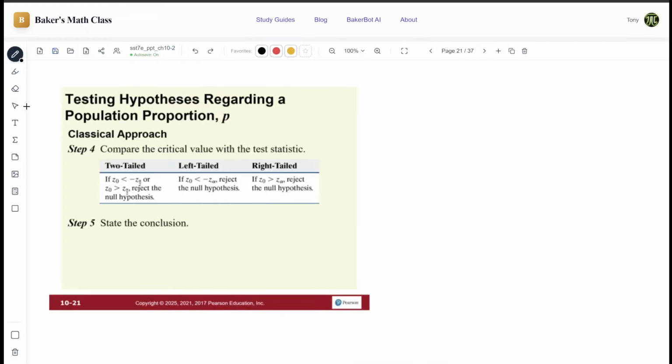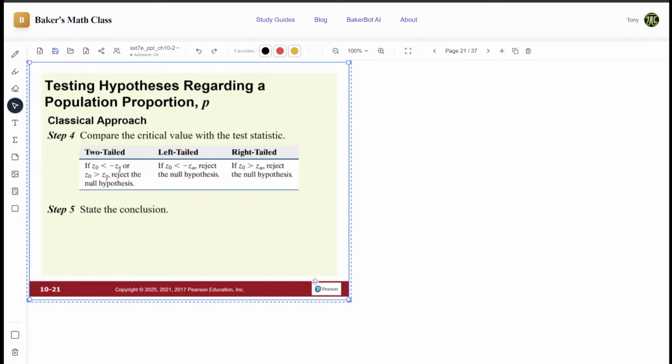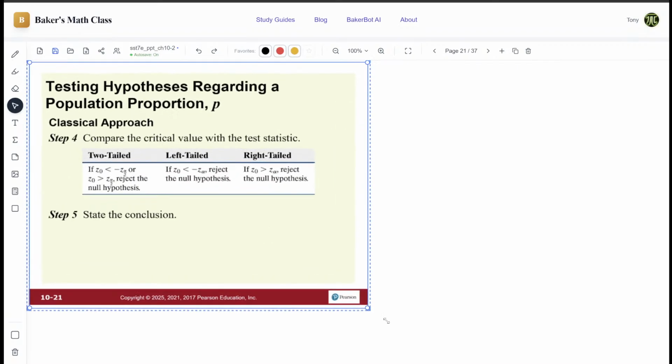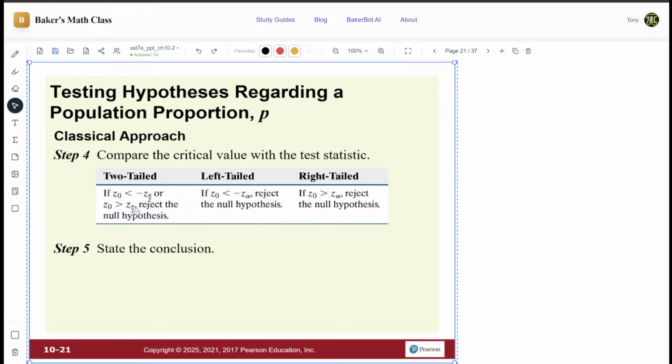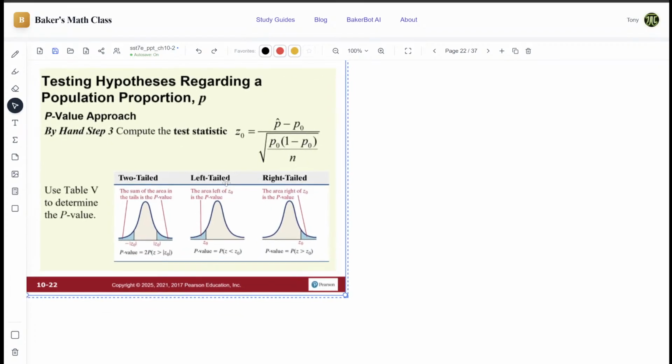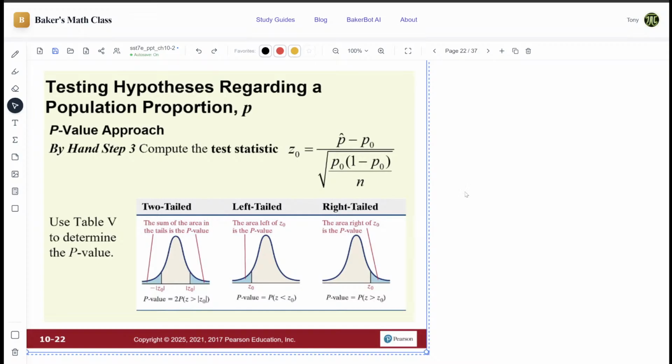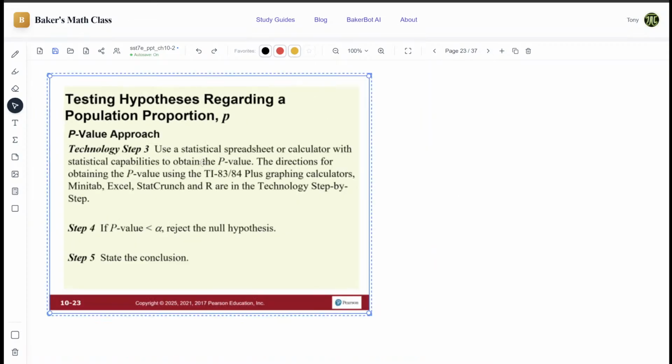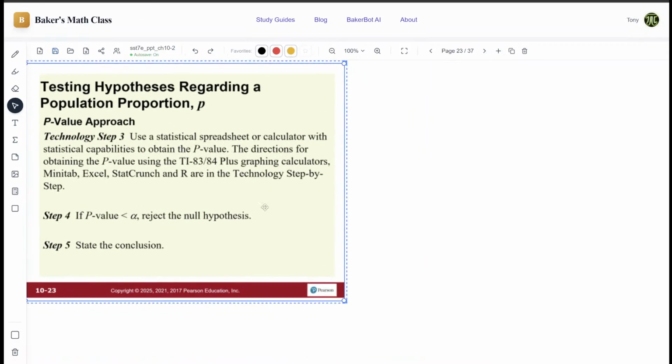And then we compare it. So we're going to compare it to the critical z, or if we're going to do the p-value, we have that one extra step to calculate the p-value.